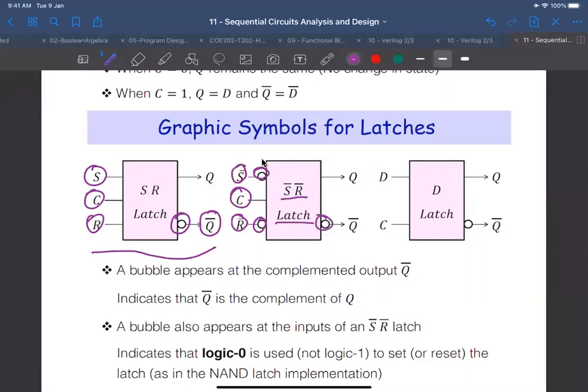And there is a bubble here to indicate that this is Q complement, in addition to Q, of course, in both cases. And this is the D latch. It has D and C, and it has Q output and a Q complement output. It's the simplest and most useful latch among all of them.